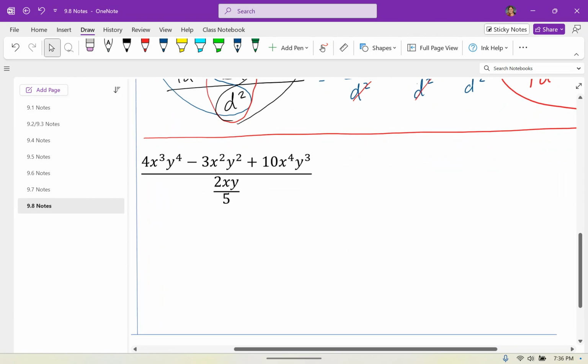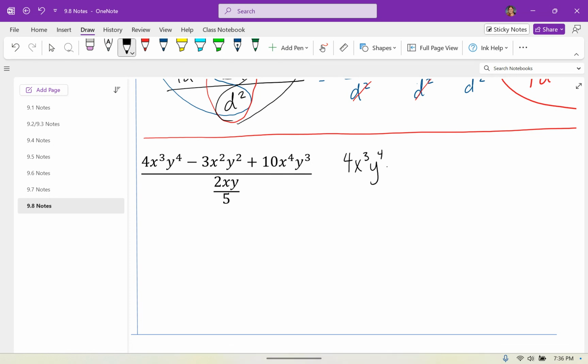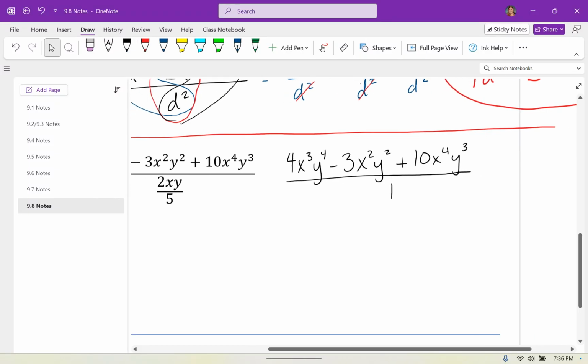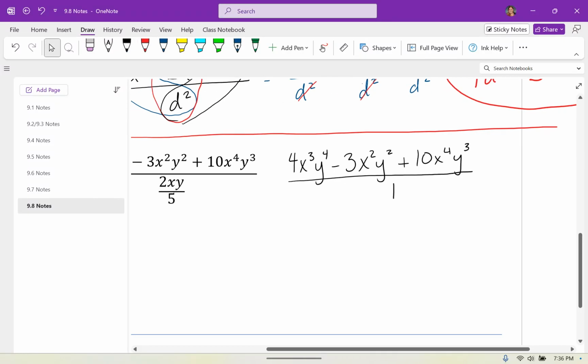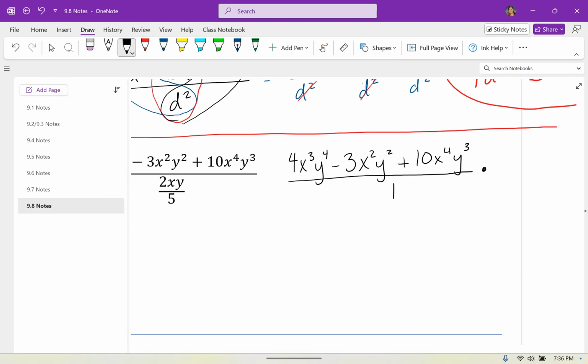Okay, so let's rewrite it as 4x cubed y to the fourth minus 3x squared y to the second plus 10x to the fourth y cubed over 1. So we keep, and then we change to multiplication and flip the denominator. 5 over 2xy.